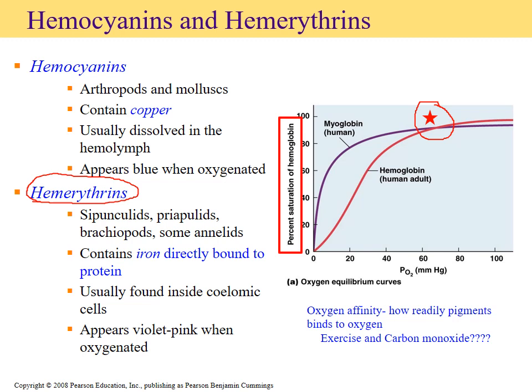So if carbon monoxide binds to the heme, that means that there's nowhere for the oxygen to bind to, which means that it lowers your oxygen saturation in the body, which makes carbon monoxide such a dangerous poison to have around, and how it can cause death in patients that are exposed to high levels of it, because the oxygen cannot properly bind and be transported throughout the tissues in the body.